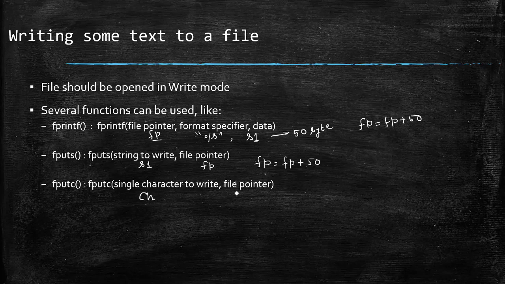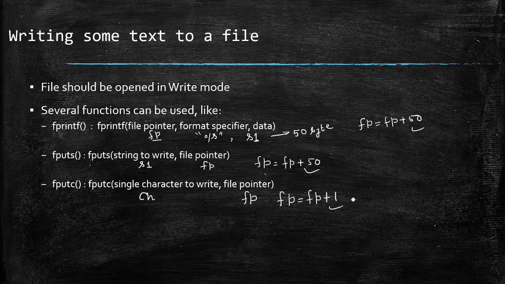The content of ch will be copied into the memory location pointed by fp, and as it is writing 1 byte of data, fp will be incremented by 1 byte. This incrementation of the file pointer will be done automatically by the function itself. And these are the criteria on which the file pointer will be incremented, right?